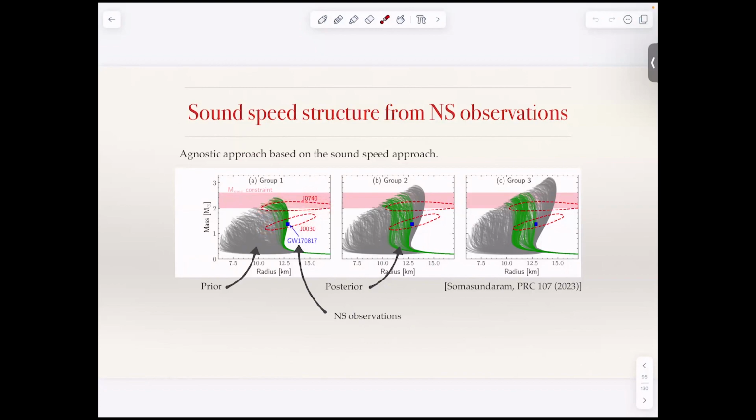And this is the reason why I told you, for instance, that the most accurate estimations of neutron star radii are about a few kilometers. If you just project vertically, this is what you obtain.